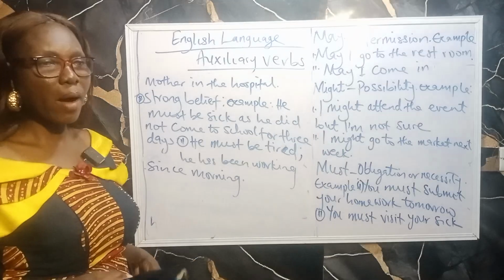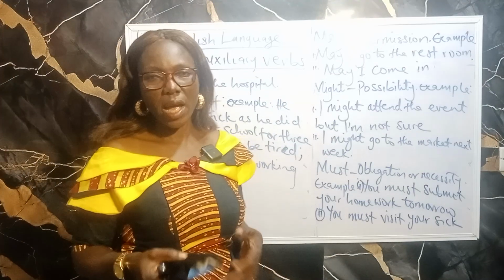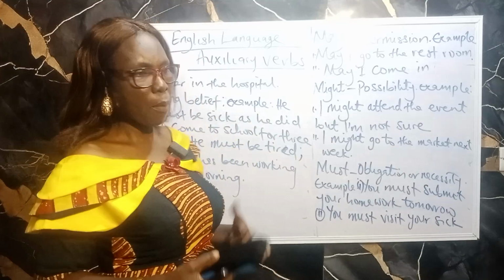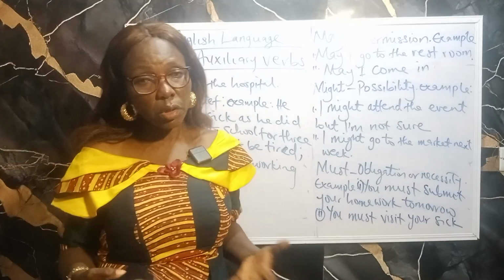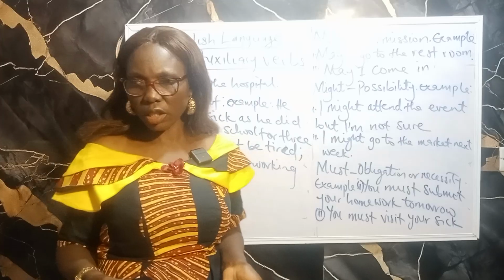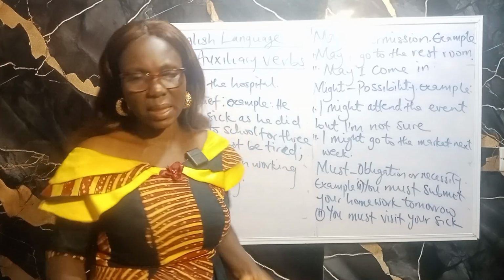We have talked about can, that we can use it for ability, for possibility, for permission. We also talk about could. We can use could for permission, for possibility and past ability.